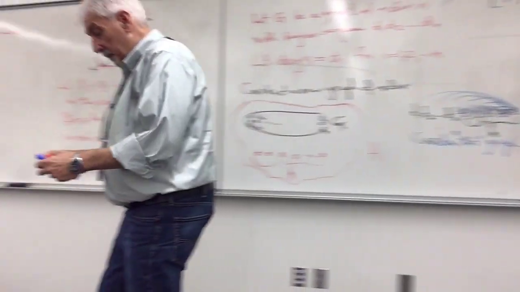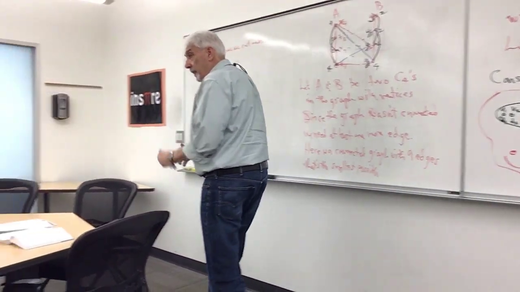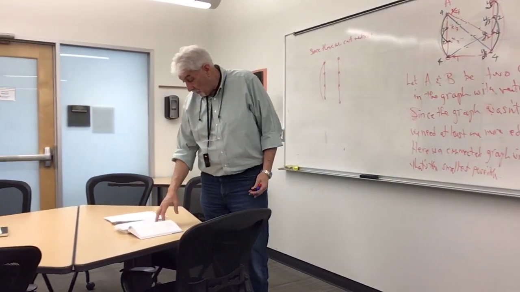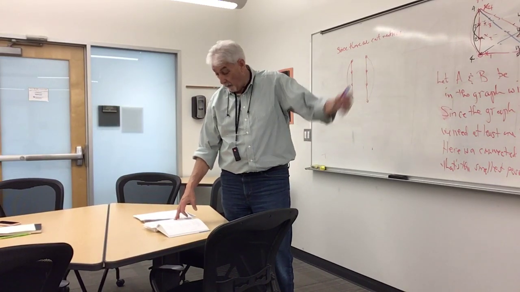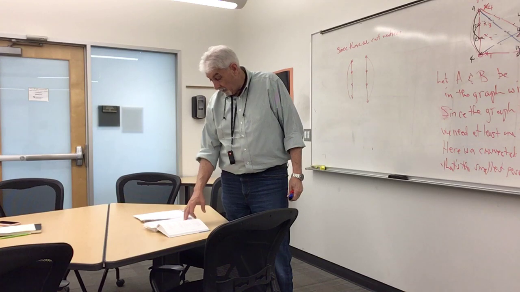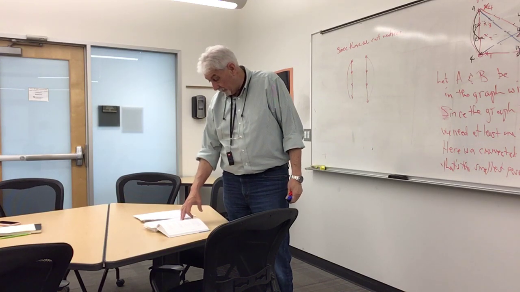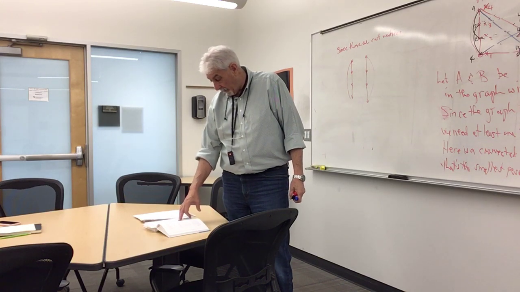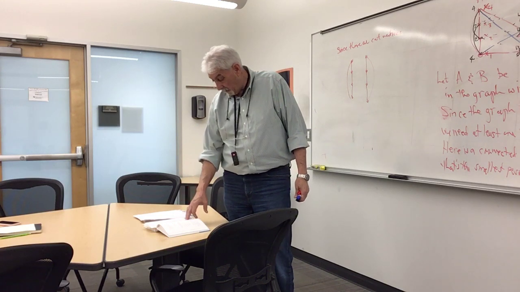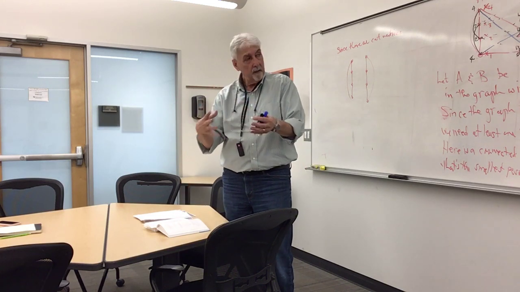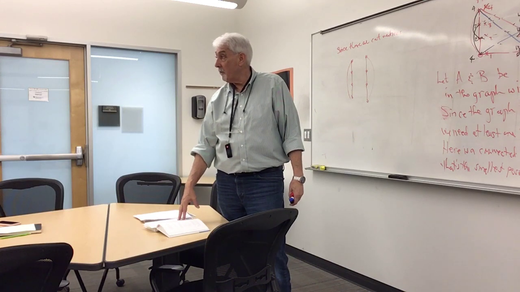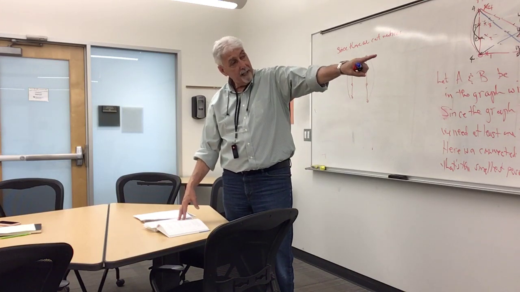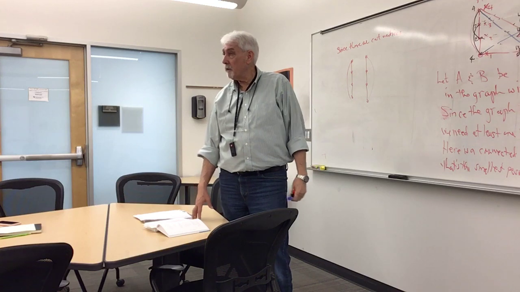Is that clear? So we've shown that for each k, and I chose k arbitrarily, the sequence d1 plus k down to dn plus k, then n plus k minus 1, is a graphic sequence, because there's a graph that attains this sequence.